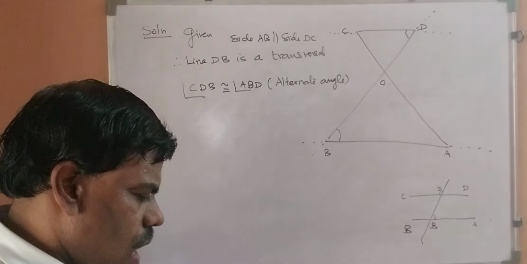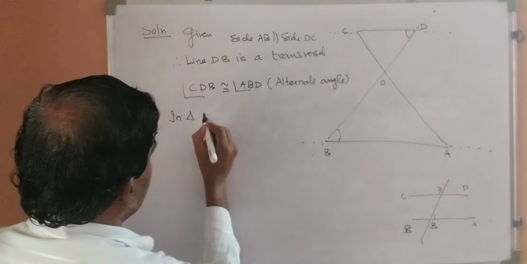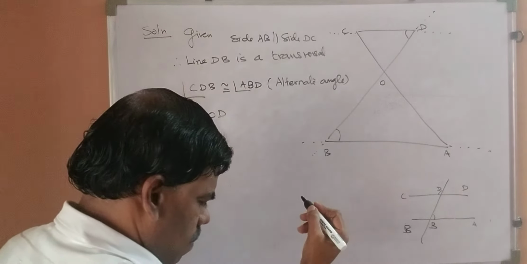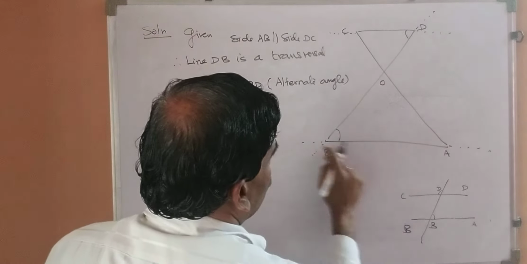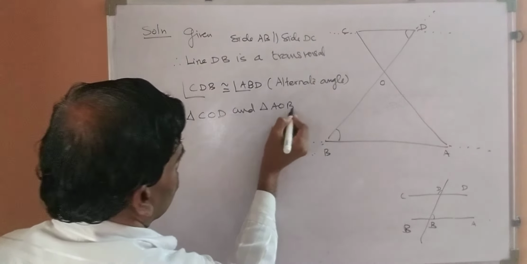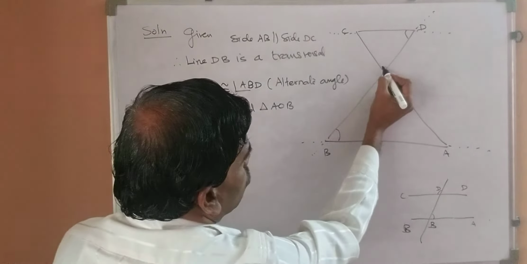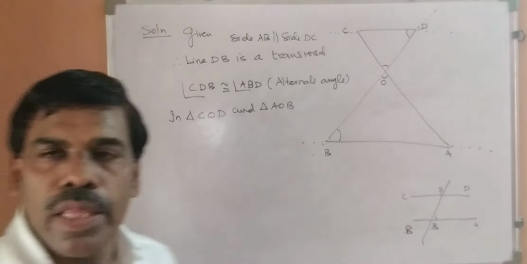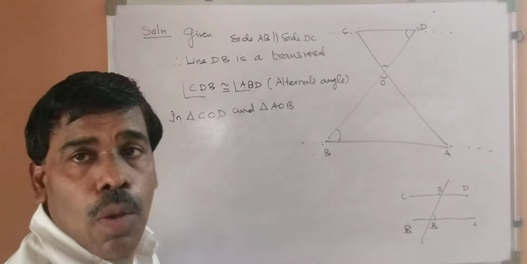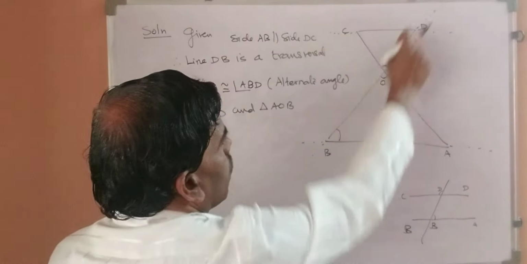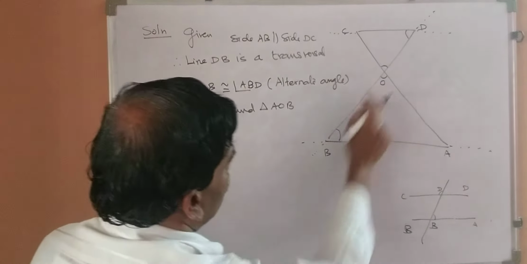Now, we will take two triangles. In triangle COD and AOB, we are taking COD and AOB. Now, what happened to these two angles? Tell me whether they are congruent. Yes, they are congruent because these two are vertically opposite angles. So, we will write angle COD is congruent to angle AOB.